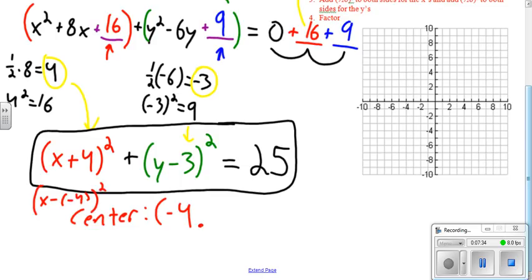So our center is at -4, 3. 25 is the same as 5 squared. So our radius equals 5.